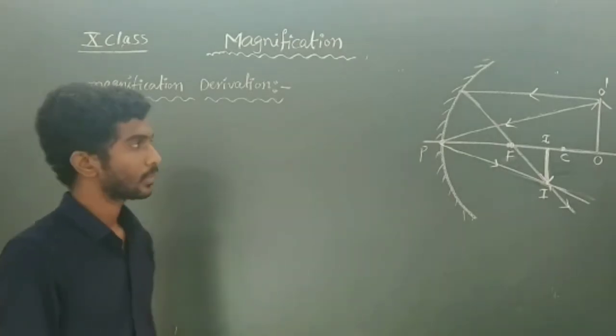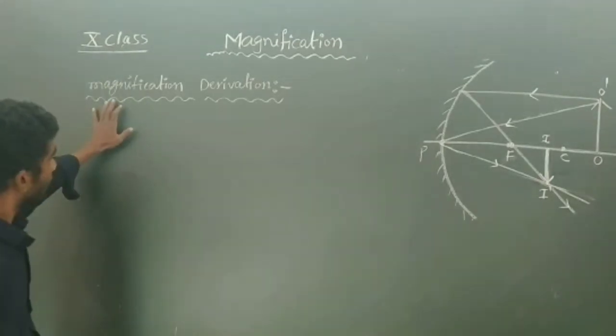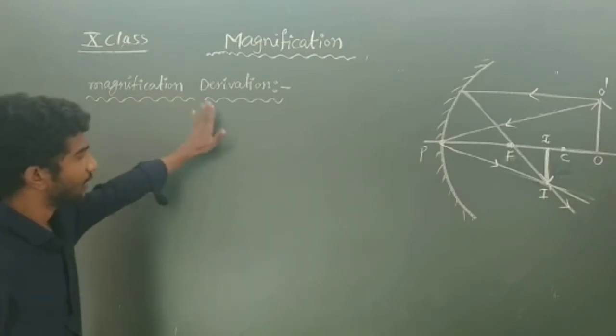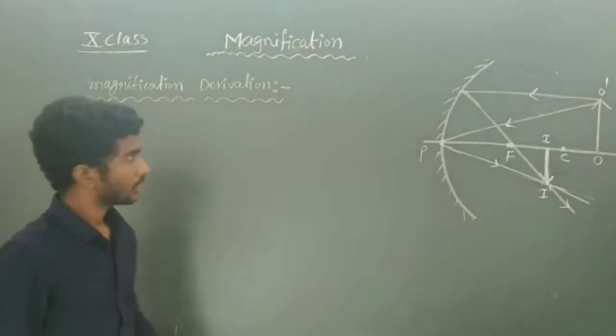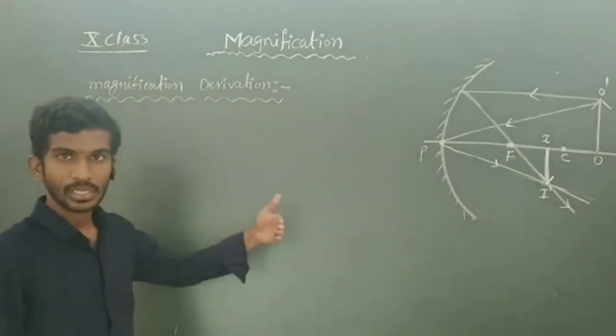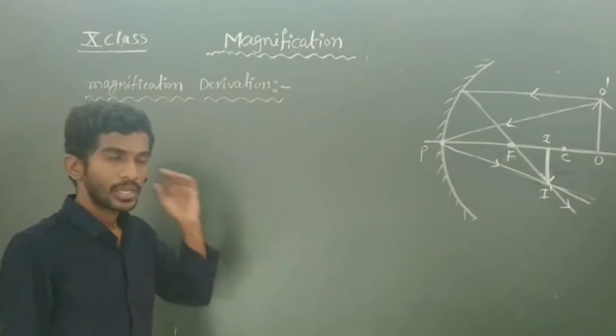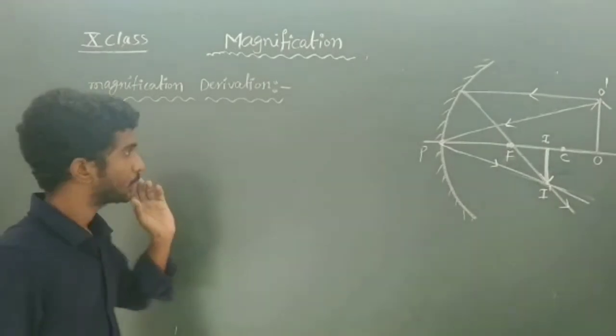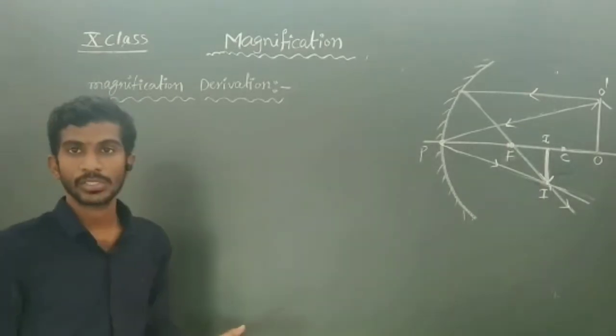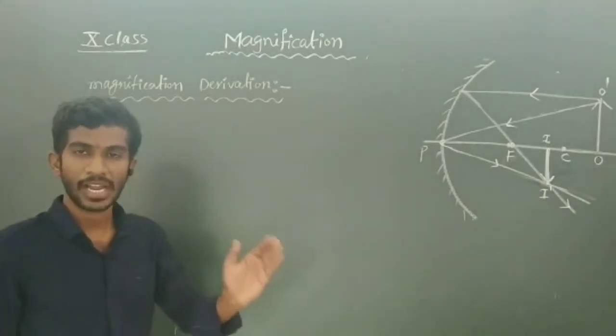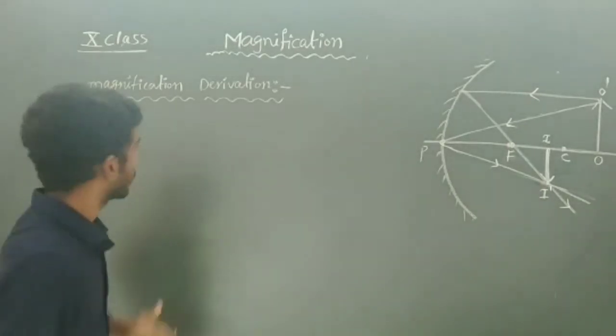Now, magnification derivation. We know that M is equal to minus V by U, or M is equal to HI by HO.